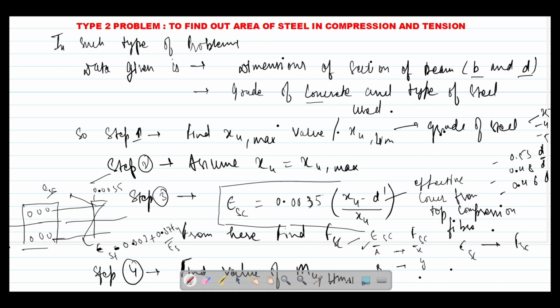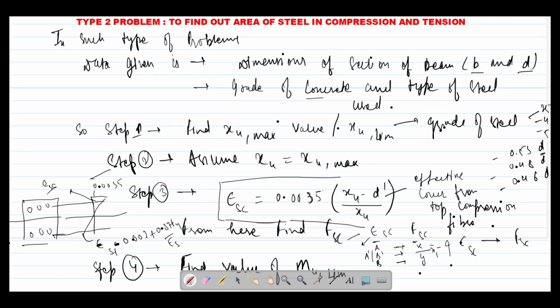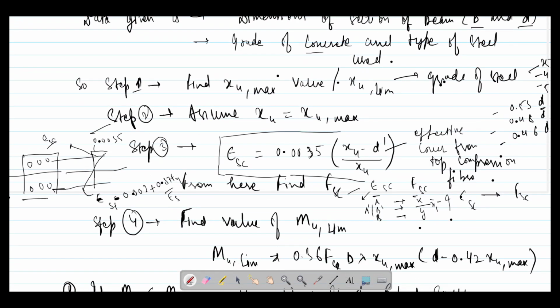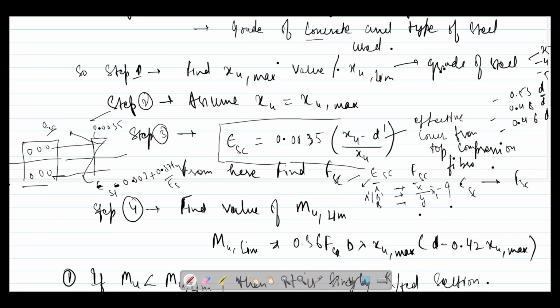Now there comes a value A dash, which is in between A and B, and that has some unknown stress value x1. If this value is unknown, we'll use the interpolation formula that I have already discussed in the video, and from that video you can get an idea of how to calculate that value.